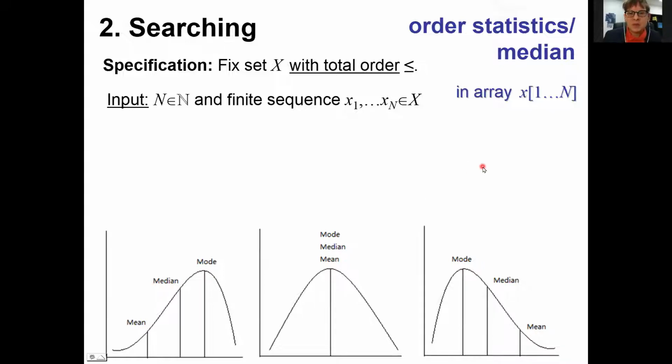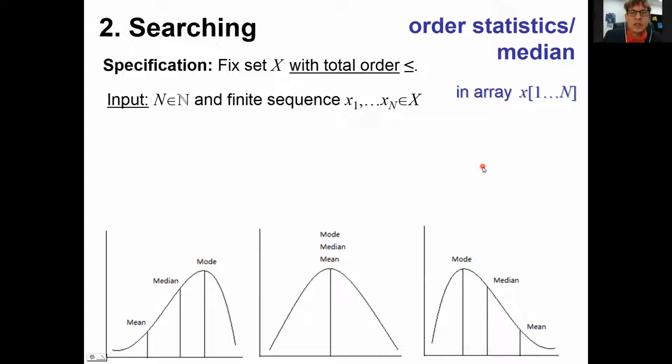So the median is the element, the index, which has roughly half as many elements smaller and roughly half as many elements larger. So that means n over 2 elements plus minus 1 are smaller than the median, and n over 2 elements are larger.